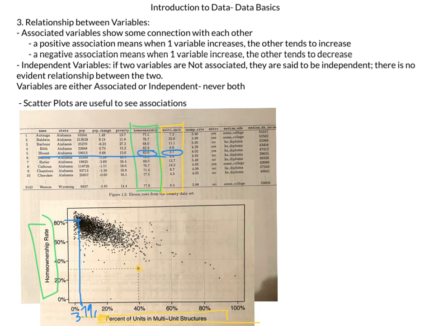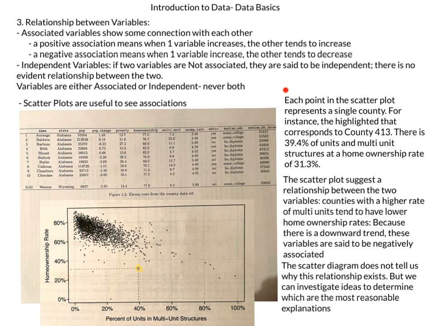So somewhere around this blue dot represents the data for Blute, Alabama, the relationship between multi-unit and home ownership variables. Notes from our book: each point in the scatter plot, so here's each point, and there's like 4,000 of them, because there's 3,142 points, represents a single county.